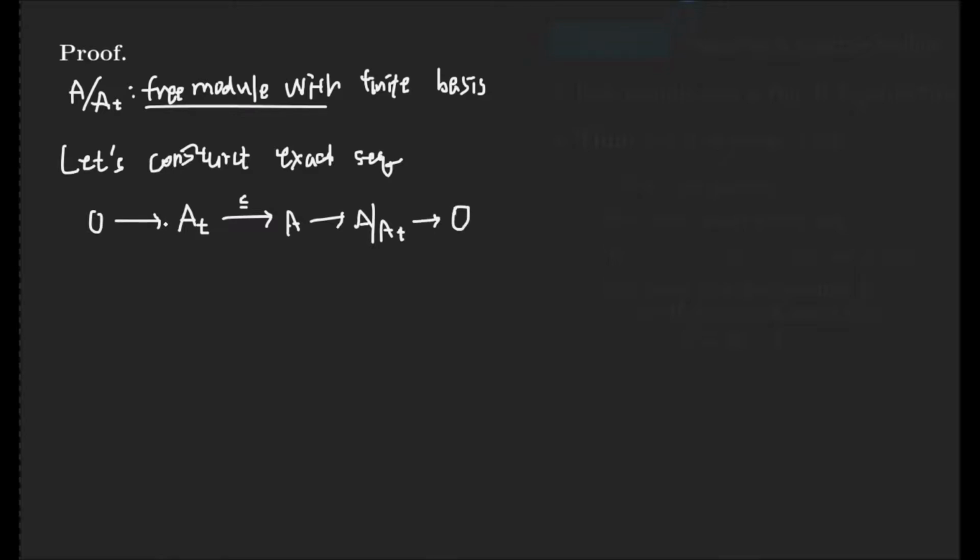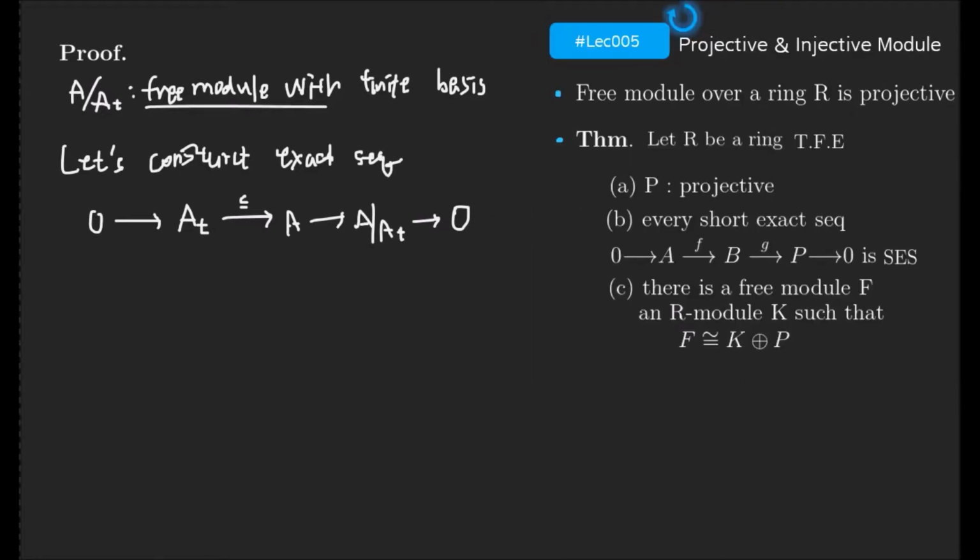This form is clearly an exact sequence, okay? But if we use the theorem we learned in lecture 5, first, A quotient AT is free, okay? But a free module over a ring R is projective. And for a projective module, the following statement gives an equivalence: the following exact sequence is a short exact sequence.